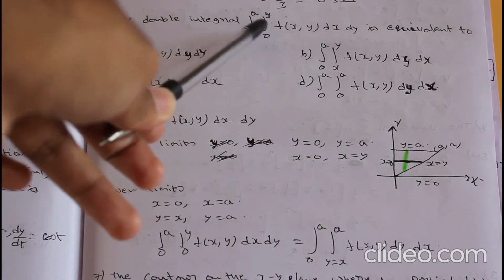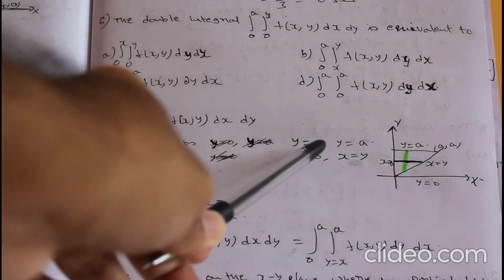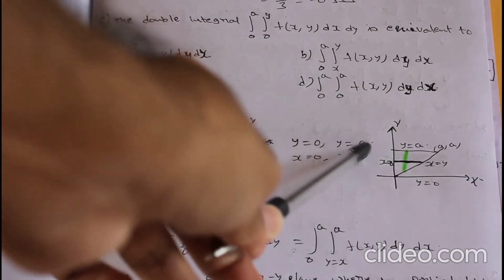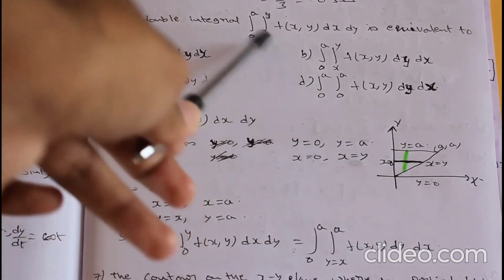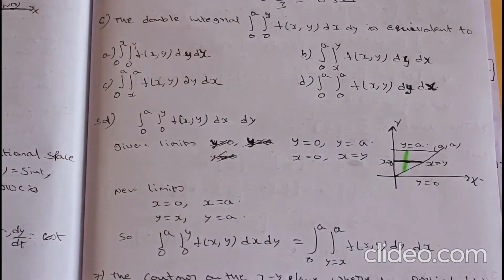These limits are for x, these limits are for y. So y equal to 0 to y equal to a is given, and x equal to 0 to x equal to y. So friends, in any question like this, where the double integral order is changing and you are asked to find the limits, this is the procedure. Try to understand carefully.